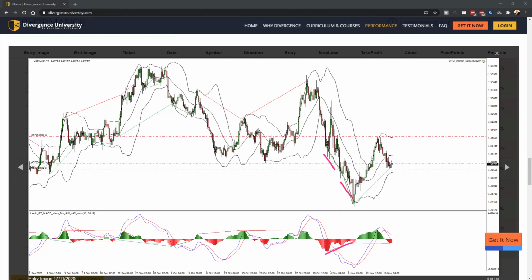Divergences right here, and then the price started pushing to the upside. On the 1-hour chart, you can clearly see a much better structure. Unfortunately, we don't have the 1-hour chart screenshot, but I encourage you to see what happened inside here and what conclusion you can make based on that.